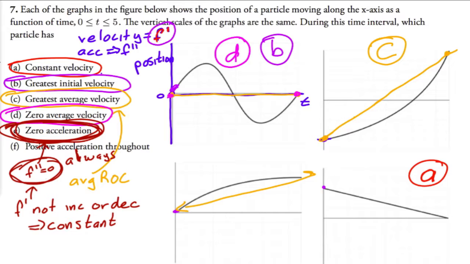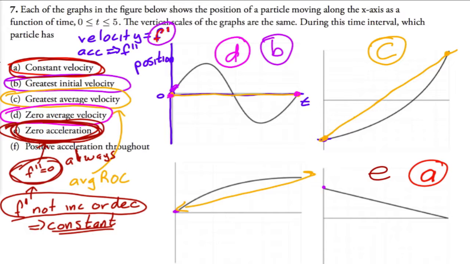So that means that the derivative is always not increasing or decreasing. Another way of saying that is that it has to be constant derivative. So basically, that's exactly the same as the first one, constant velocity, zero acceleration. So that's going to be E, this last one.